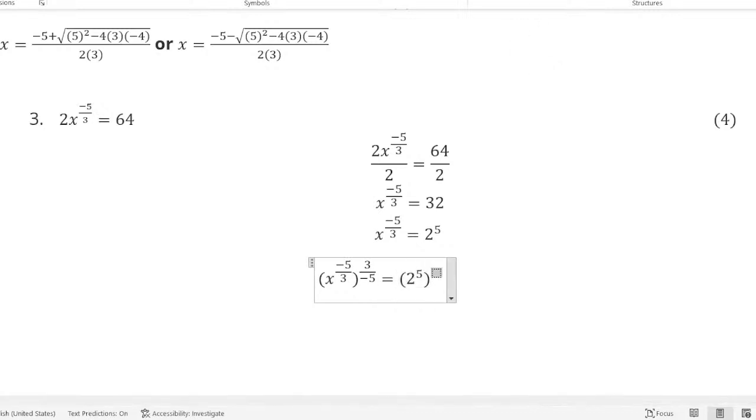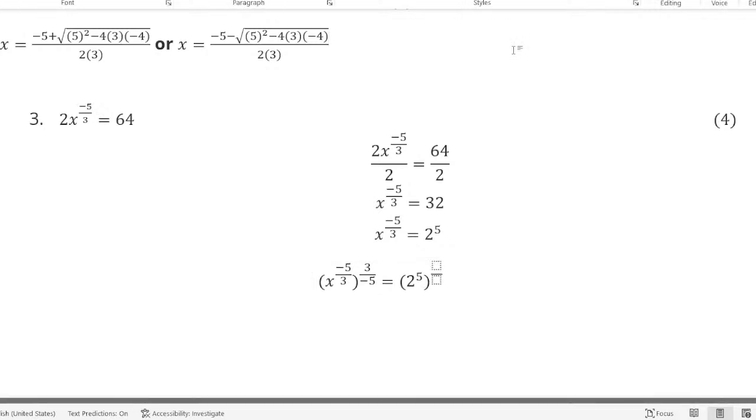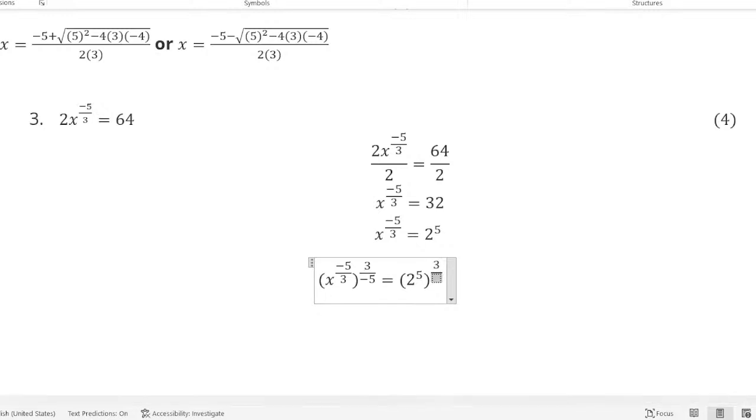So we're going to multiply by 3 over negative 5. Perfect.